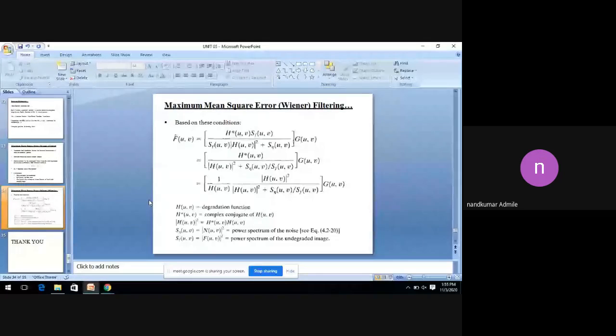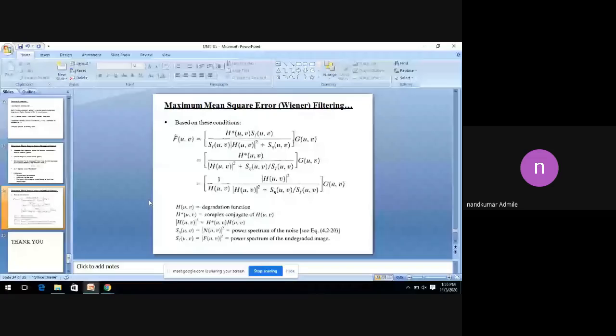So our fifth unit consists of four main points. The first point is the degradation model. The second point is the various noise models. The third point is the estimation of the degradation model, and the fourth point is the filtering element.